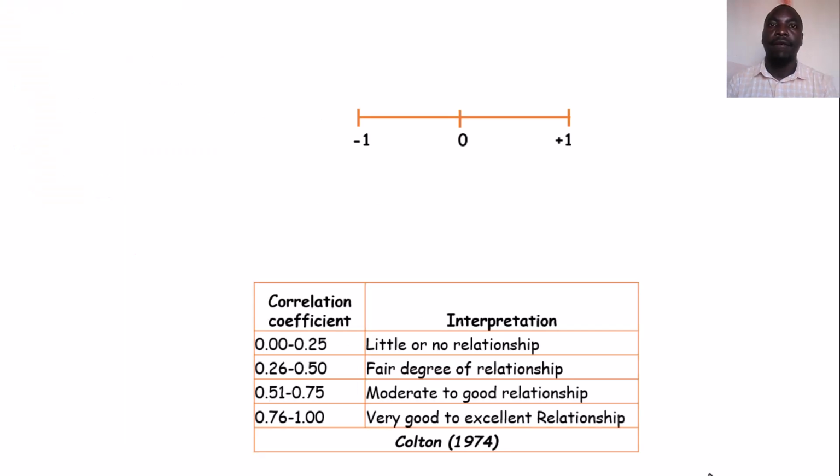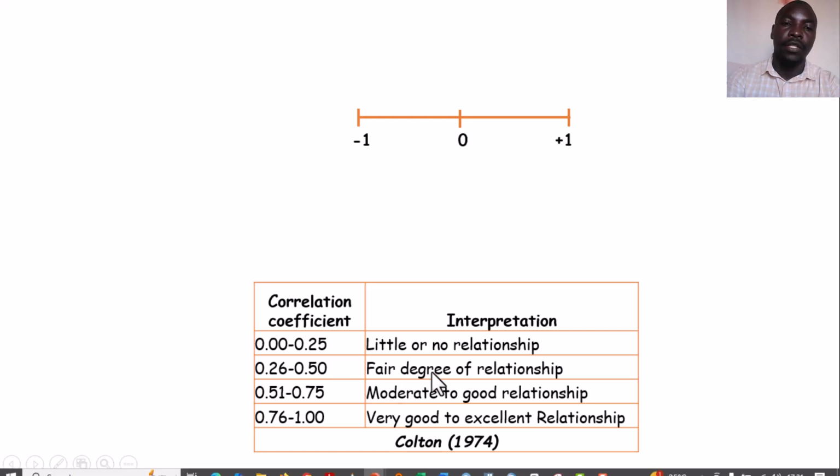Remember, in our previous episode, we looked at interpretation of a correlation coefficient, using guidance from Colton 1974 as a crude rule of thumb, where if it is between 0 to 0.25, that's little or no correlation. In this case, ours lies between 0.26 to 0.5, which is a fair degree of relationship.